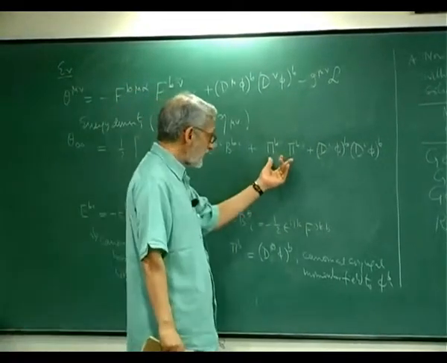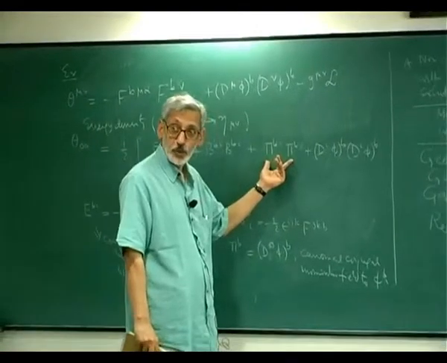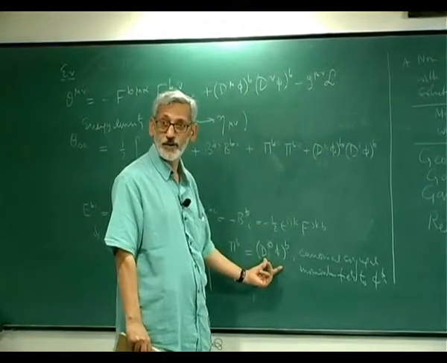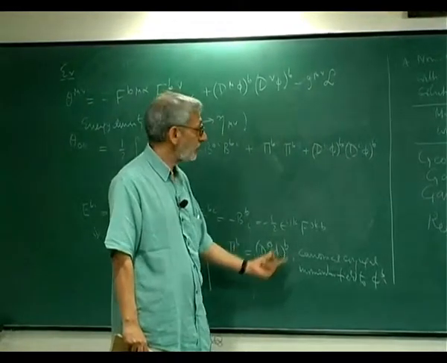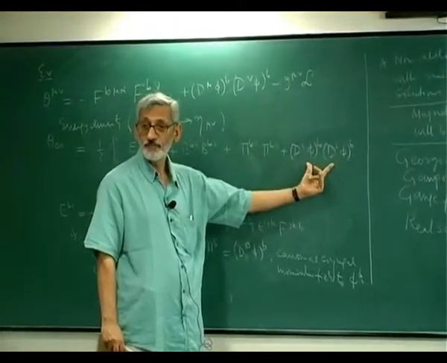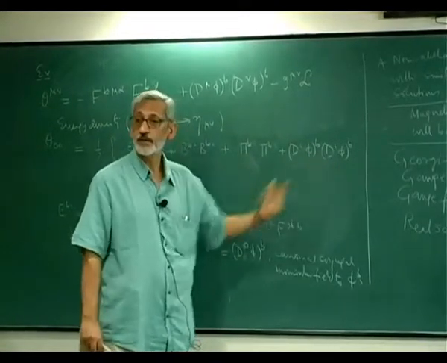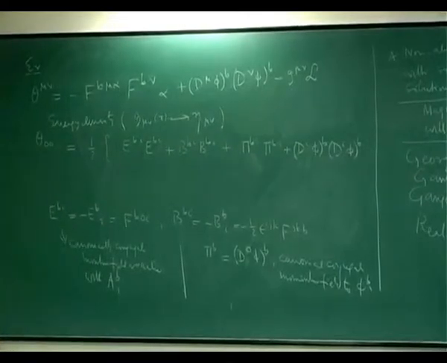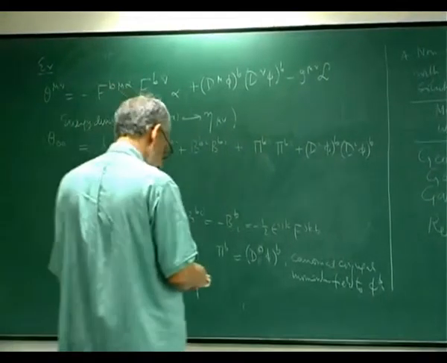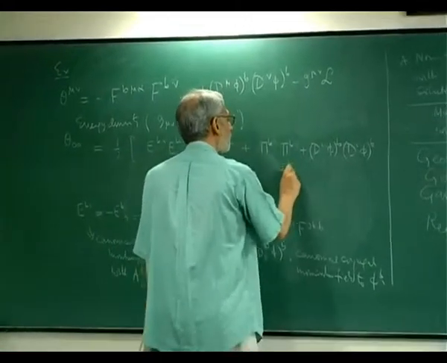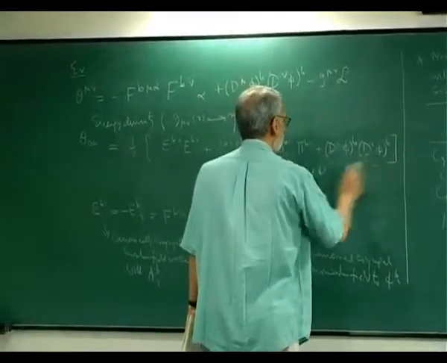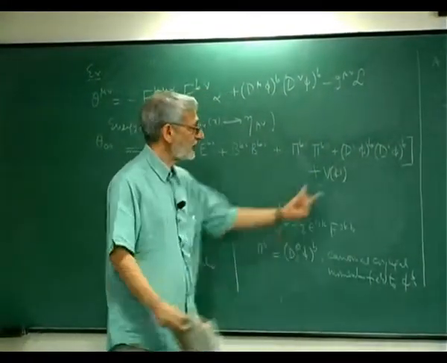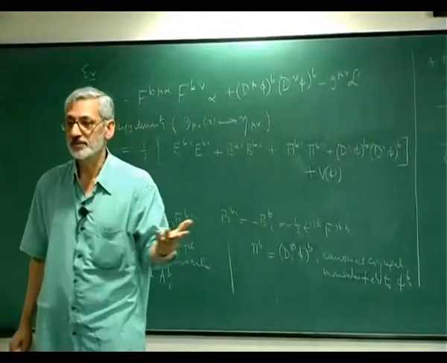So this is the kinetic energy of the scalar field written in a covariant form. This is the potential energy. So kinetic energy plus potential energy, that's what a Hamiltonian is. And then plus V(phi). So half of this expression plus V(phi), where V(phi) is the potential energy density.